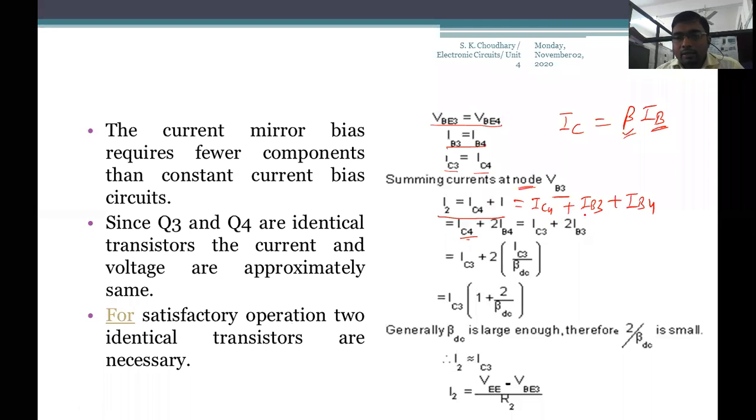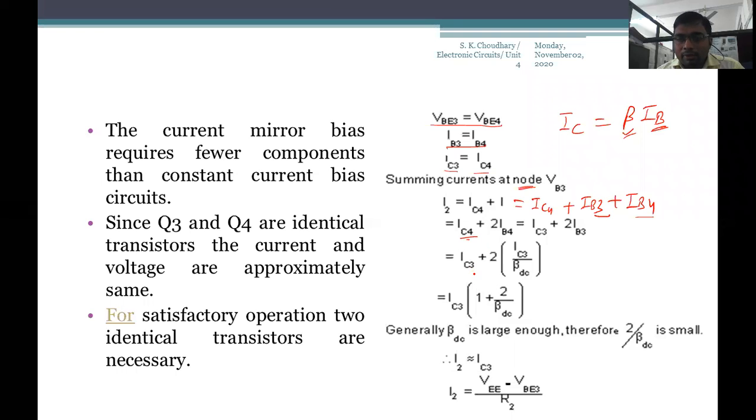As we know that IB3 and IB4 are equal, you can write it as twice IB4, which is equivalent to IB. So IC3 plus twice IB3, both are equal.